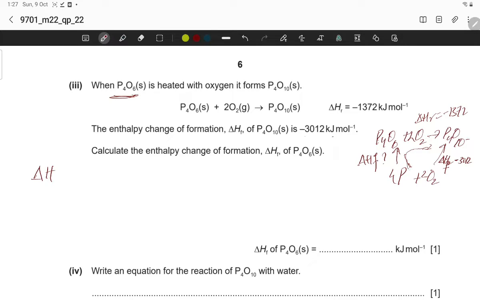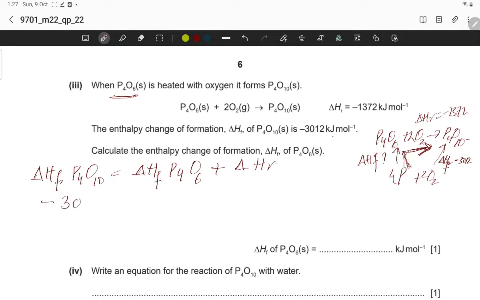By joining the head of this and the tail of this, delta HF of P4O10 is equal to delta HF of P4O6 plus delta HR.